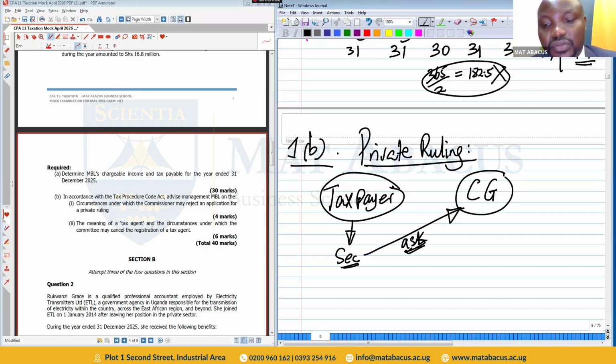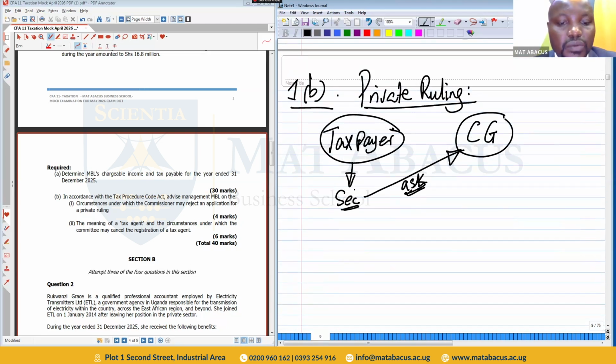The private ruling is binding on the Commissioner General, meaning that once the taxpayer has followed the ruling, it binds him, and it is not binding on the taxpayer. So now, the question was asking, under what circumstances may the Commissioner General reject the private ruling?